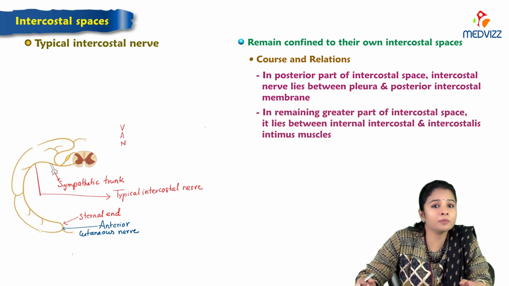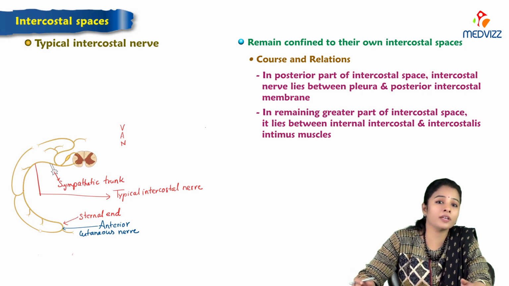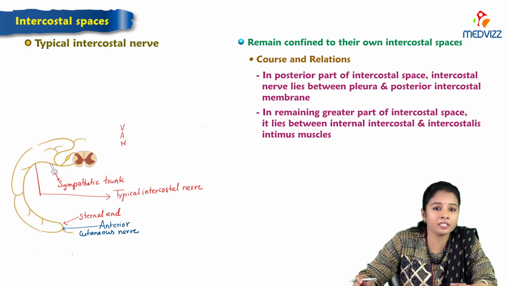Whereas in its greater part in the intercostal space, it lies between the internal intercostal muscle and the innermost intercostal muscle, that is the deeper muscle, where we discussed the neurovascular plane is present.